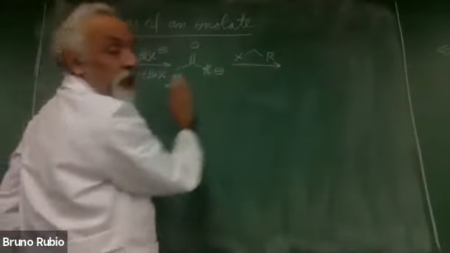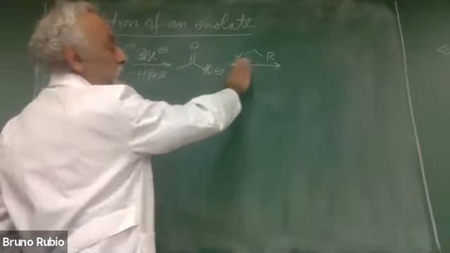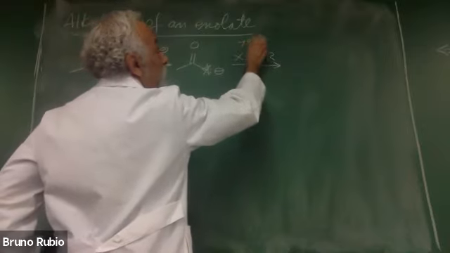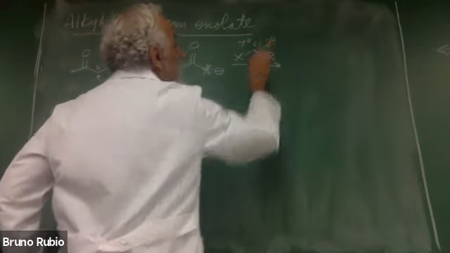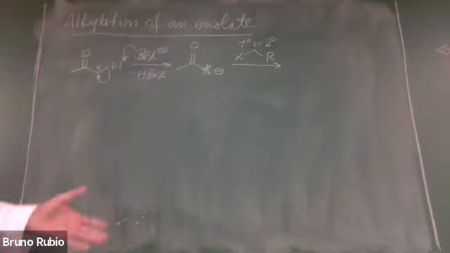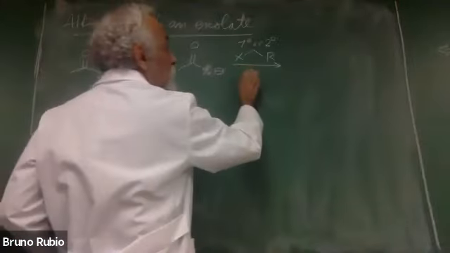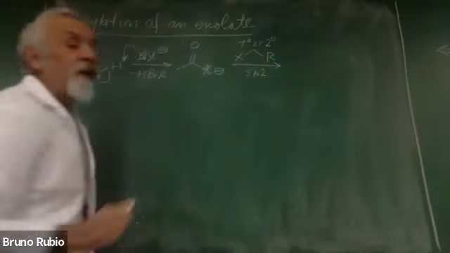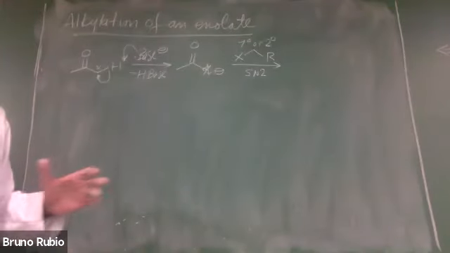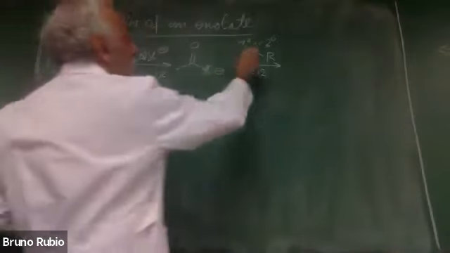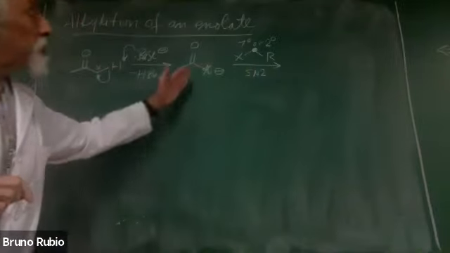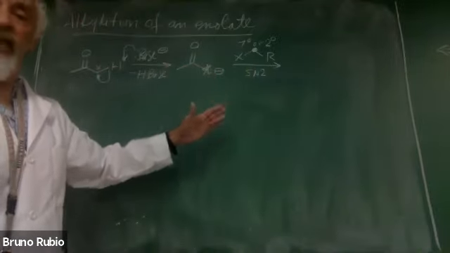There are restrictions on what this can be. It has to be either primary or secondary, and it can never be a tertiary substrate, because this is an SN2 reaction, and we never see an SN2 reaction on a tertiary substrate. Okay, so what happens in SN2 is that the leaving group goes away and the nucleophile takes its place.